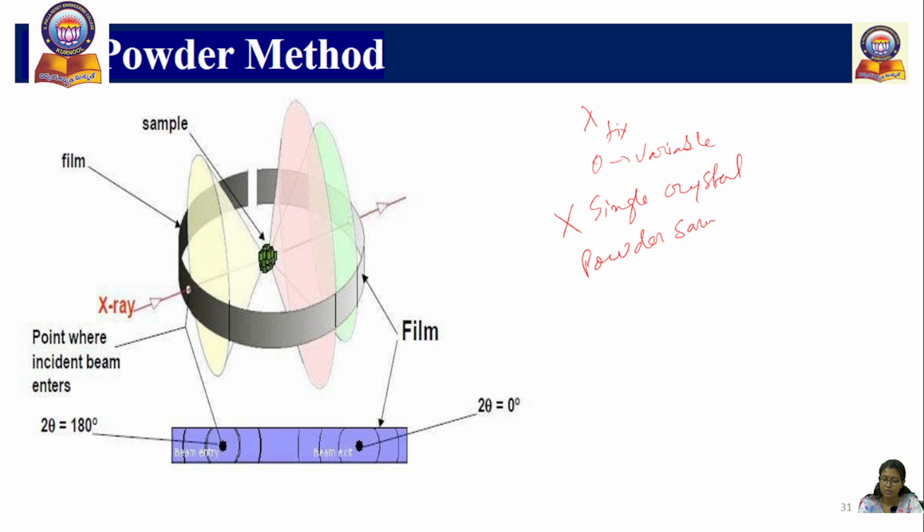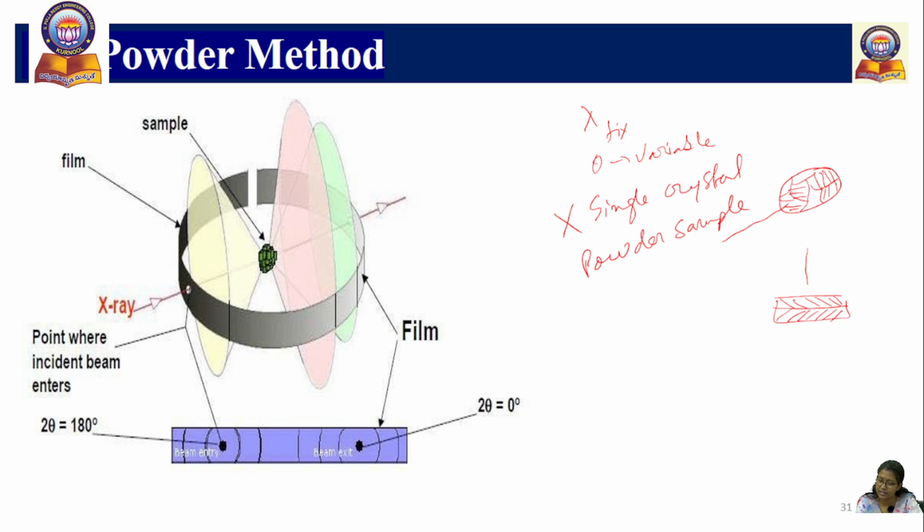Powder sample means that wherever you place the sample, there will be crystals but of different orientations in different places. Suppose here the orientation is like this, here the orientation is like this. So it's a combination of many crystal orientations. When X-ray hits here, theta is different for different orientations. Let me give a simple example of two crystals, one with this orientation, the other with this orientation.